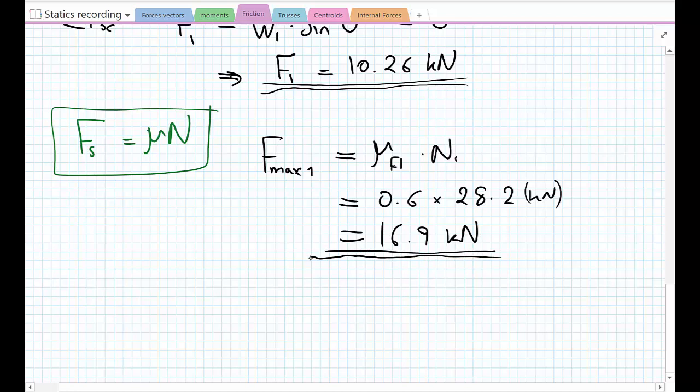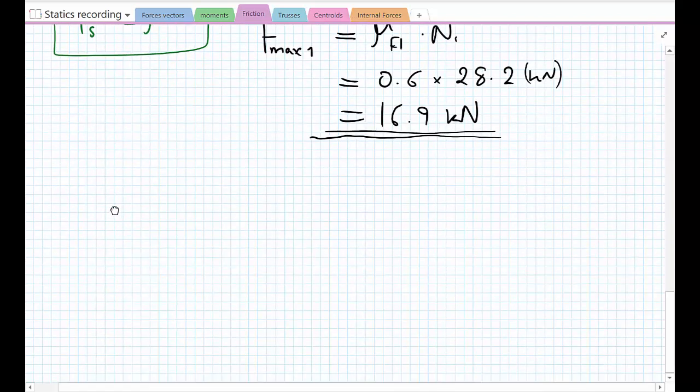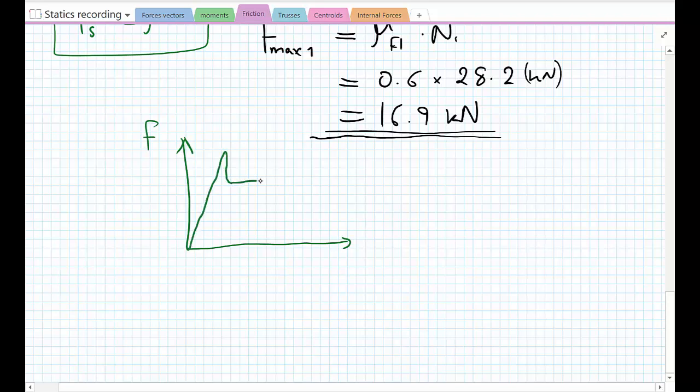And so at this point we can see that we've calculated that the friction value between the two blocks must have been 10.26 kilonewtons, but the maximum value of the friction is 16.9 kilonewtons. And reminding ourselves of this dry friction model, so we had F on this axis, went up and up and up, then dropped until we got to the kinematic friction level.